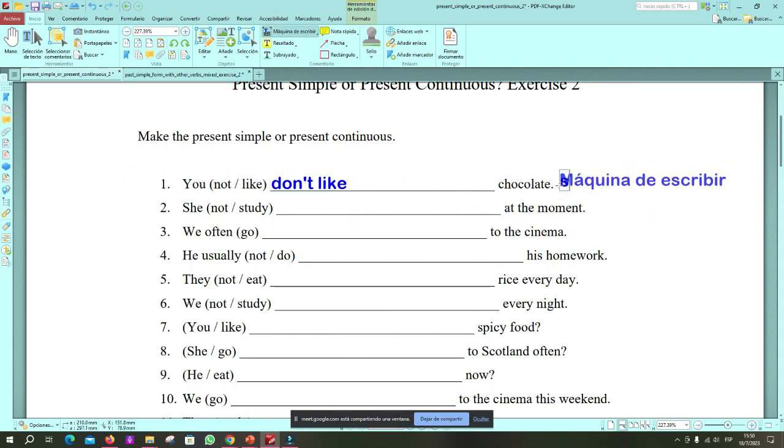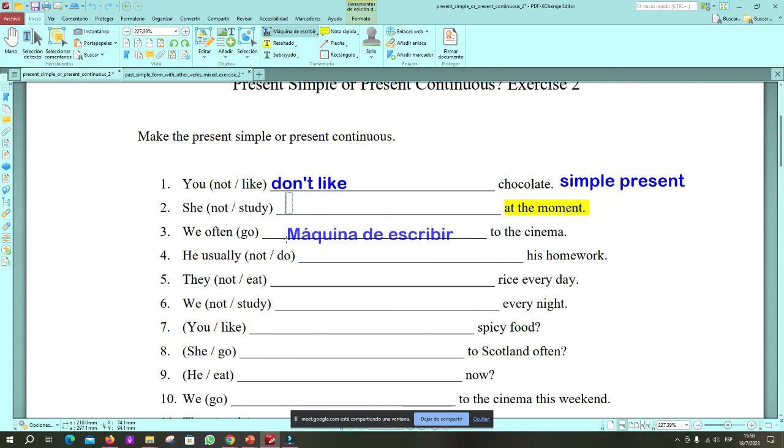This is simple present, right? What about the second one? Let's do the second one together. She not study at the moment, right? So there you have, look at this phrase, at the moment. You're going to use this phrase when you have present continuous, right? So, she not study at the moment.